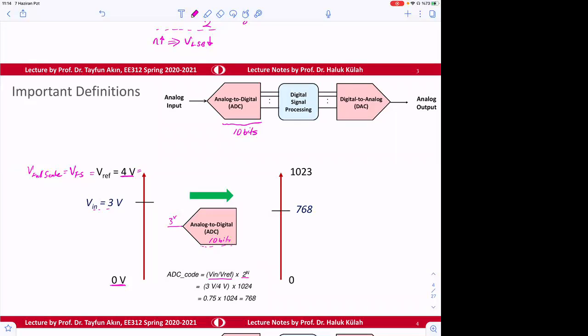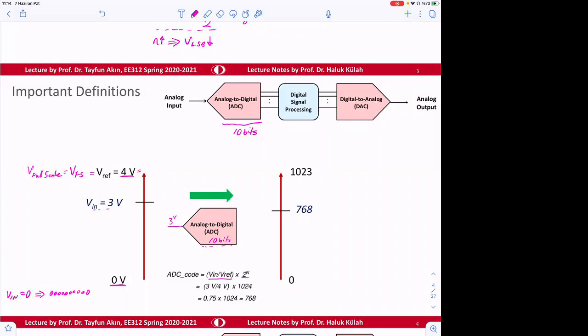So if V in is 0, of course, the digital representation is going to be 0, 0, 0, 0, 0, 0, 0, 0, 0, 0, 10 times 0, right? 1, 2, 3, 4, 5, 6, 7, 8, 9, 10.